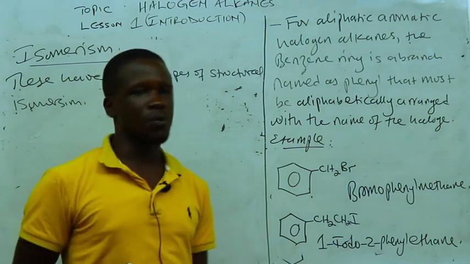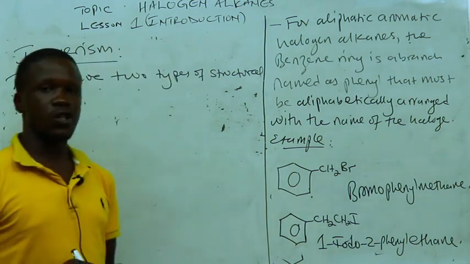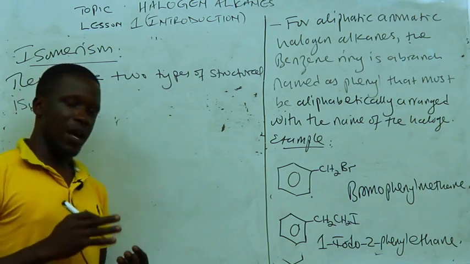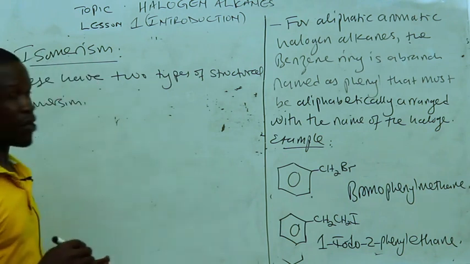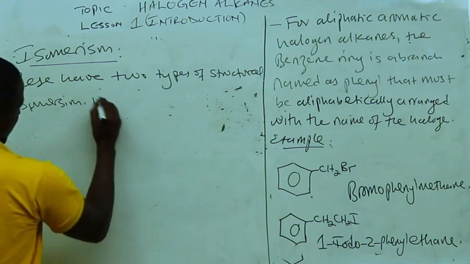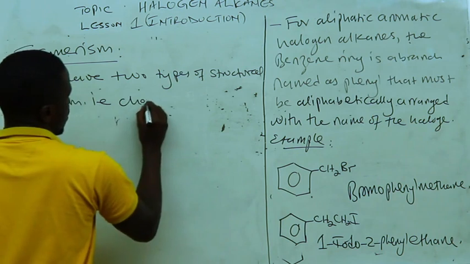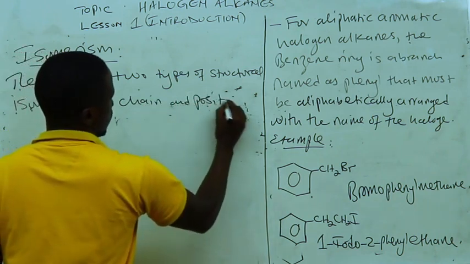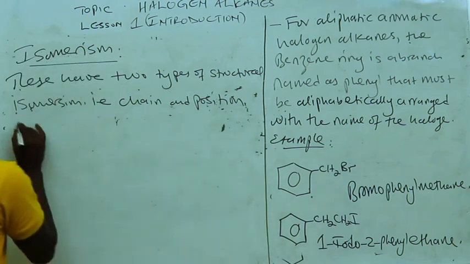Remember, there are three types of structure isomerism: chain isomerism, functional group isomerism, and then we also have what we call position isomerism. These ones only exhibit two, i.e. chain and position isomerism.